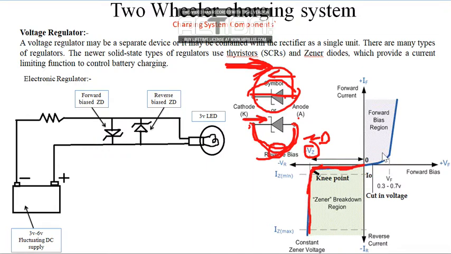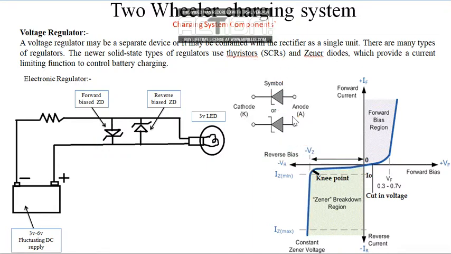I repeat, in the case of the Zener diode, if we arrange it in forward bias, forward bias is nothing but a position in which we keep our diode in the direction of flow of current.